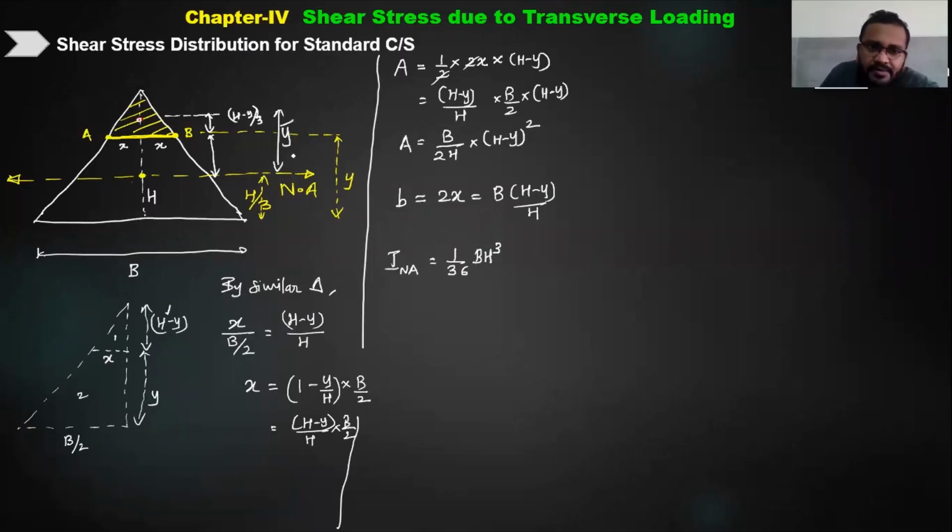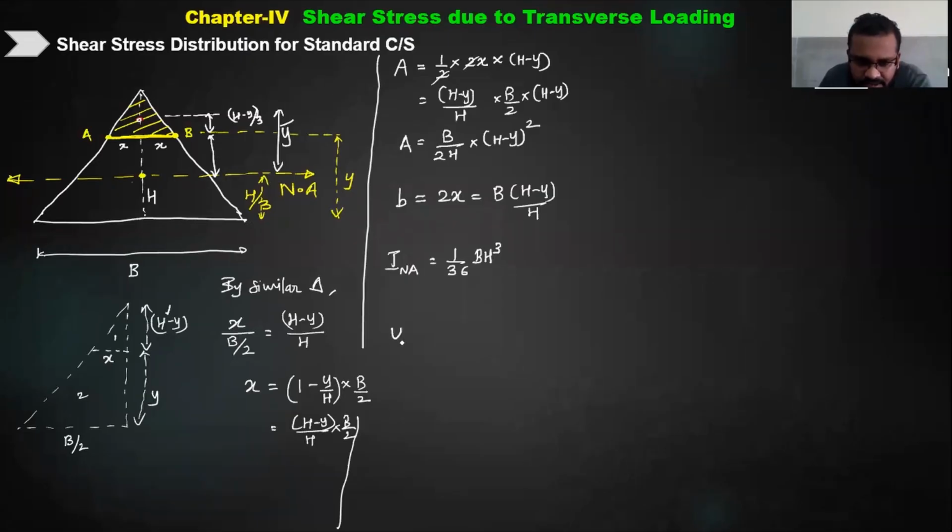So how much will be my y bar? Anybody can tell me? How much will be y bar? 2h by 3 minus 2 by 3 of (h minus y). Very good. We know this total distance; either you can do it that way or you can calculate from the base.